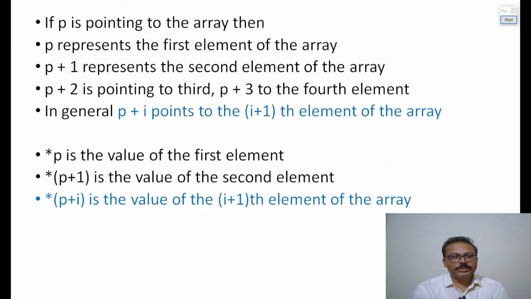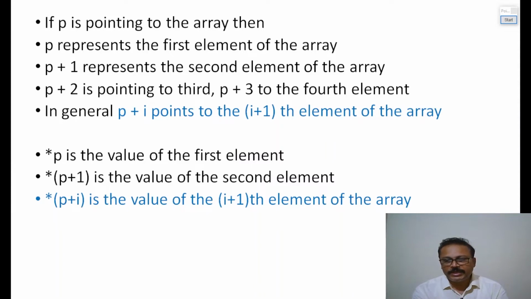So please remember this correctly. It is always confusing, but this is the plain thing. If you understand this, it is easy. Okay. If P is made to point to an array, then P represents the starting address. P represents the first element of the array.